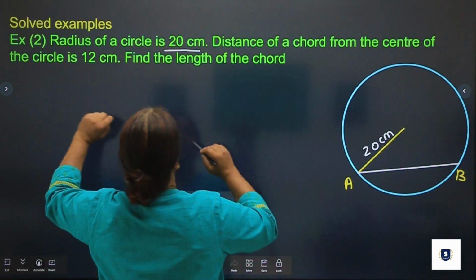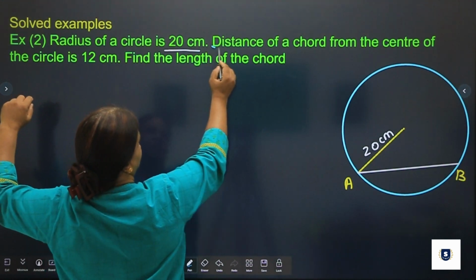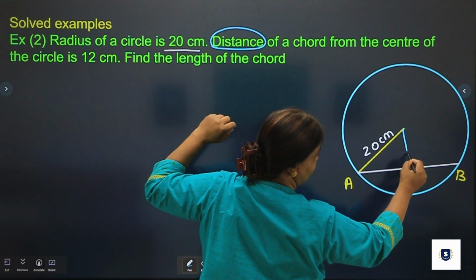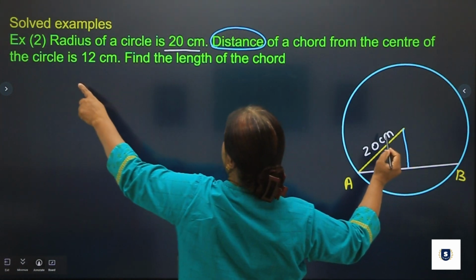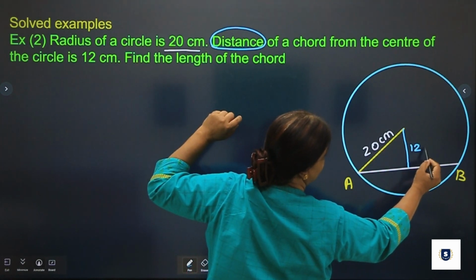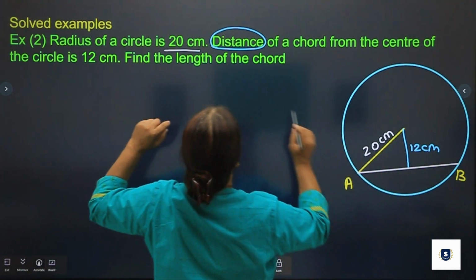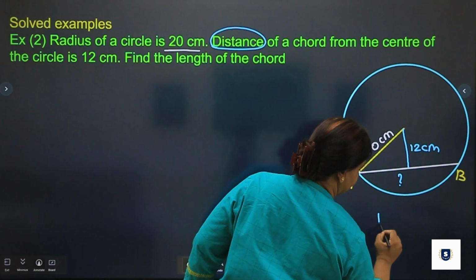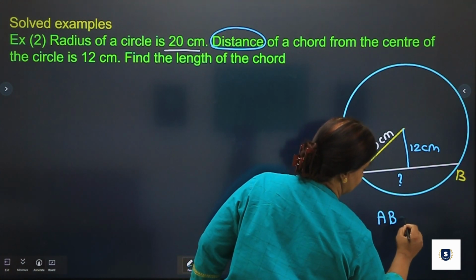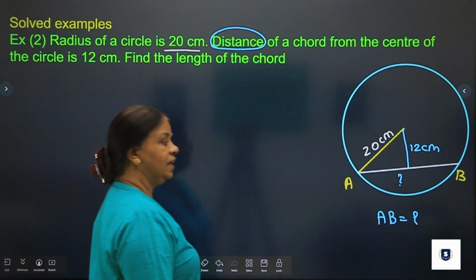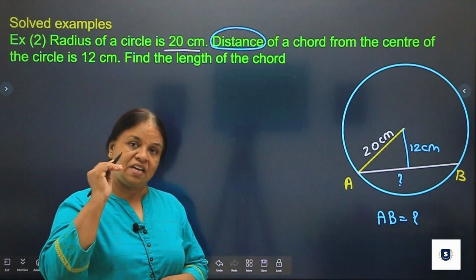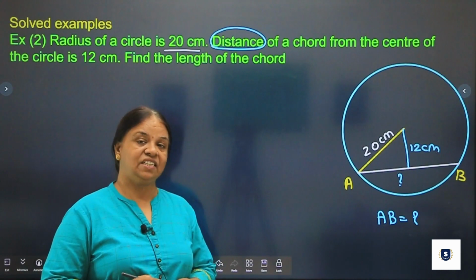Distance of the chord. Yes, distance of this chord from the center of the circle is 12 centimeter, and we need to find out the length of the chord, means we need to find out AB. What is AB?